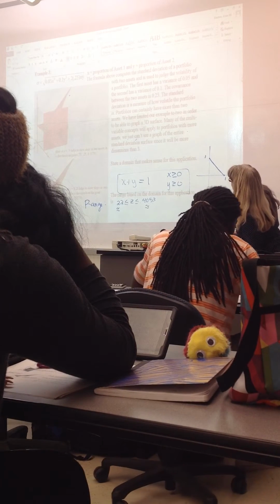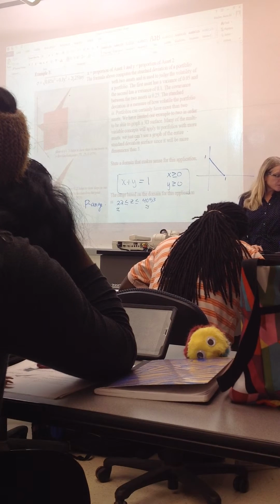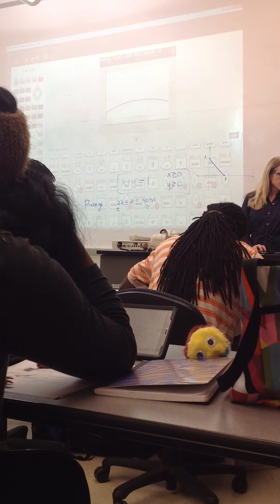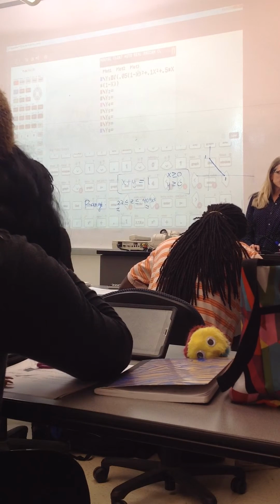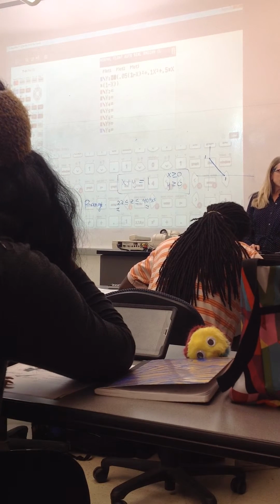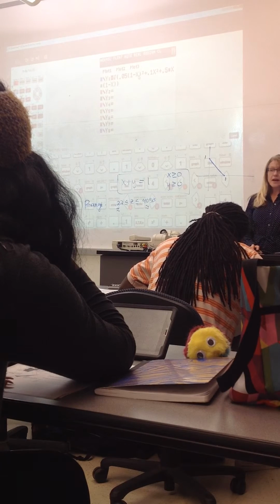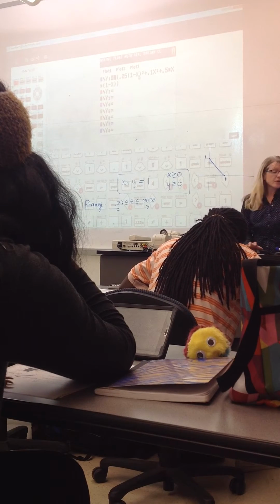Oh, wait, hang on, did I put 0.05? No, you put 0.5. Okay, 0.5. If I let y be itself, then x is 1 minus y. Oh, I didn't see the second line down there. That's all it was. All right.